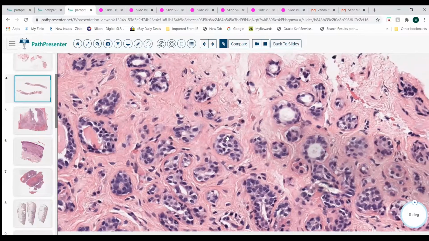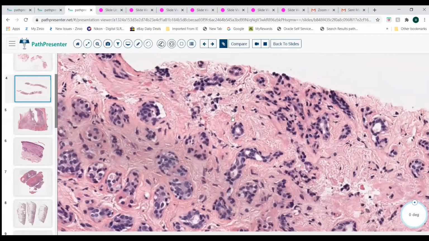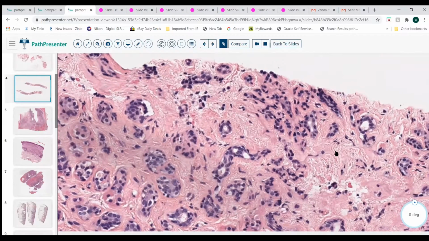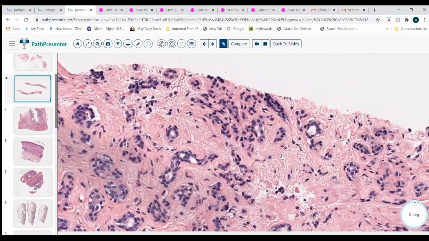But another important feature, which is equally important: in tubular carcinoma, the glands tend to stay open as you go more peripheral, while in sclerosing adenosis, the glands will collapse.